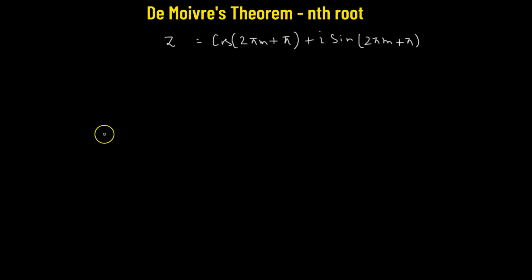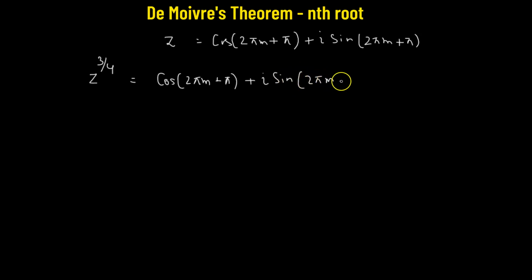Now that we have our complex number z, we're going to raise z to the power of 3 over 4, which is going to give us cosine of 2 pi m plus pi plus iota times sine of 2 pi m plus pi, and this entire expression will be raised to the power of 3 over 4.